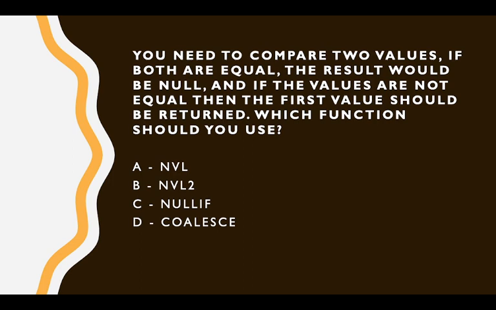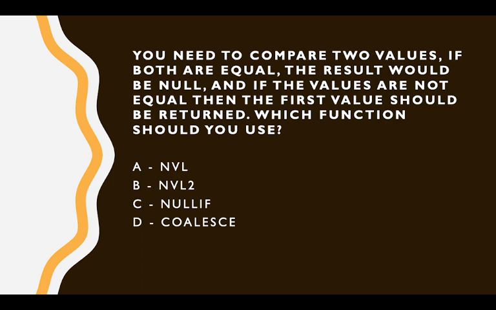The first is the expression that may contain the null value, and expression 2 is our target value. But here in this question we don't need to do any type of conversion, so we are going to neglect this option. We are not looking for any conversions. We are basically comparing two values. So NVL is not going to be the answer for this question.